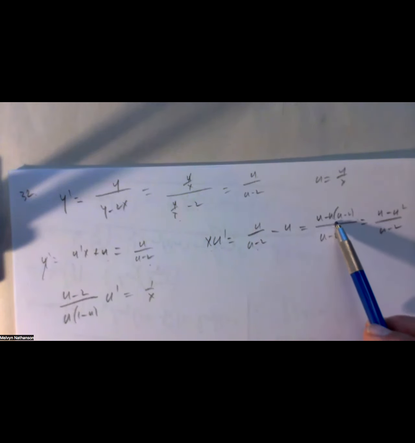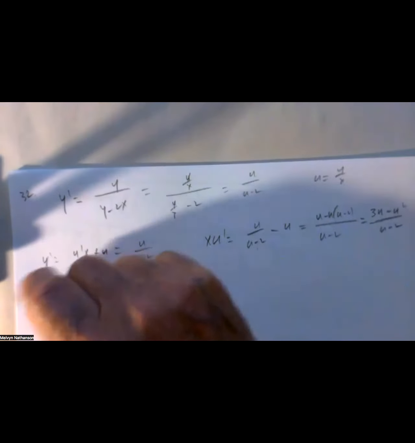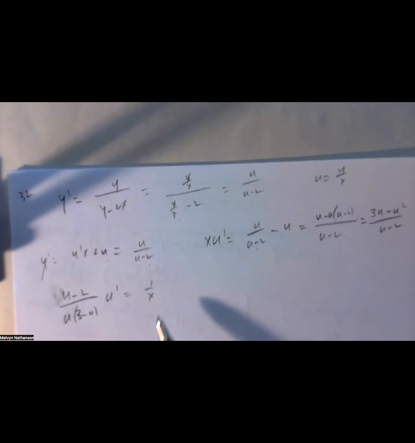So that's u minus, this is u minus 2, minus u squared, plus 2u. So that's 3u. Glad I checked. Over u minus 2. So this is 3u. So this is u minus 2, when I bring this over to the other side, over 3u minus u squared, which is u times 3 minus u, u prime equals 1 over x.